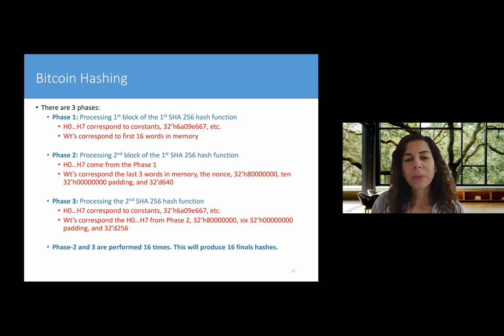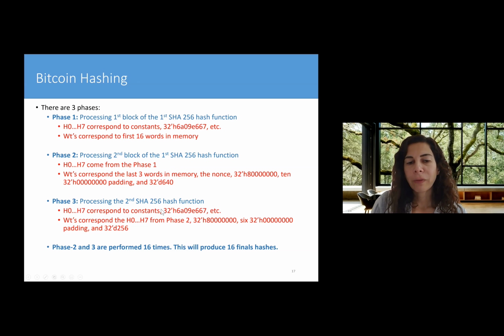Now in phase 3, we have a second SHA-256 hash function, and its initial values are the constants again.